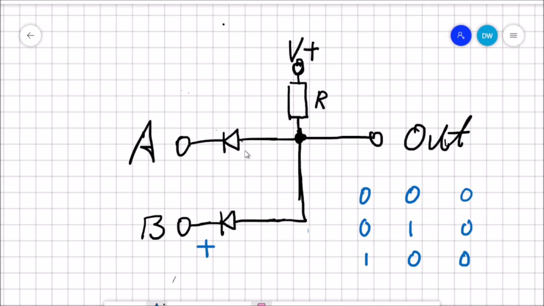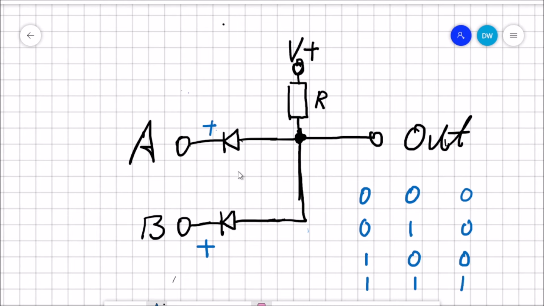However, if both of them are on, if both diodes have a voltage on this side, it means that the voltage coming from the voltage source can no longer pass through either of them. Then all the current will have no choice but to exit through the output. So if both of the inputs are on, then the output will have to be on as well, because both of them are forward biased.